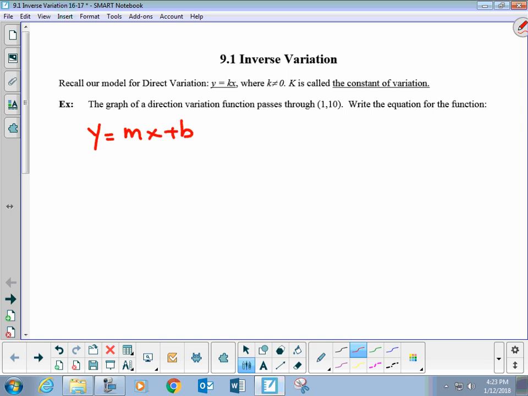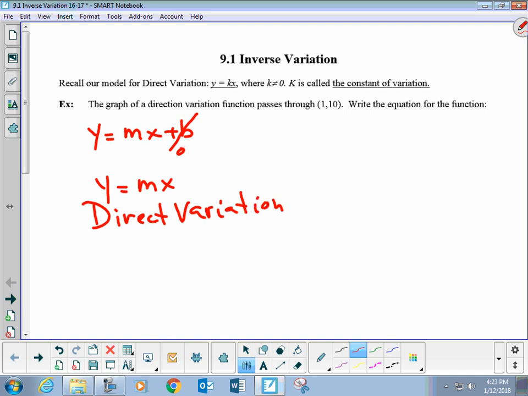If b becomes 0, you get the equation y equals mx. This is what we refer to as direct variation. And for some reason that I don't quite get, we decided that we wanted to change the letter m to the letter k.